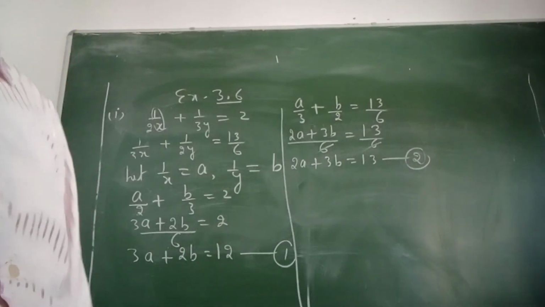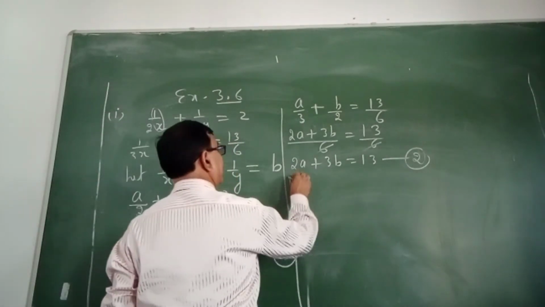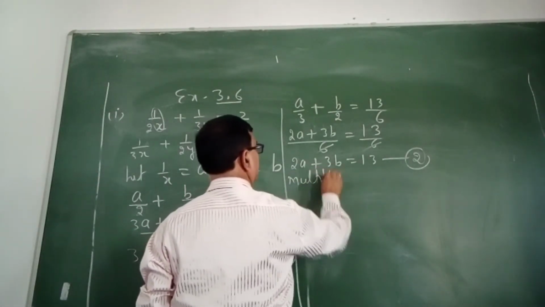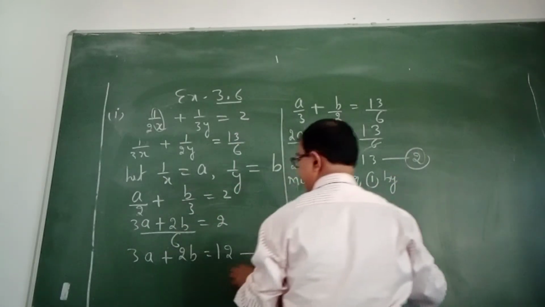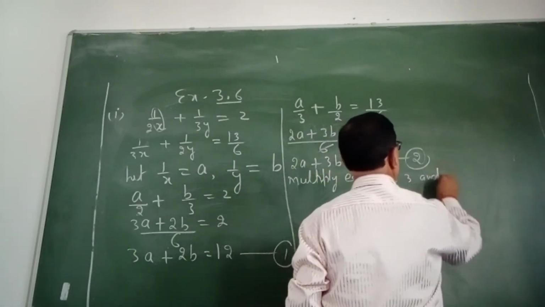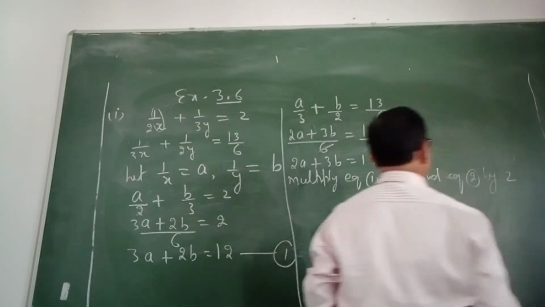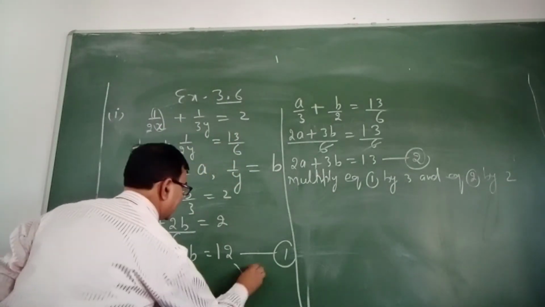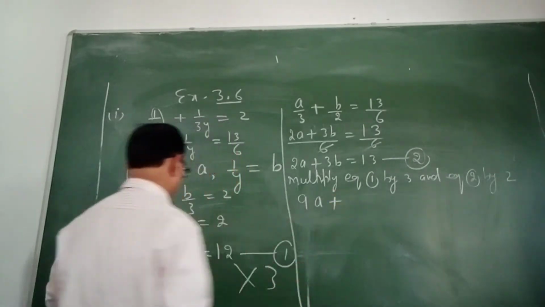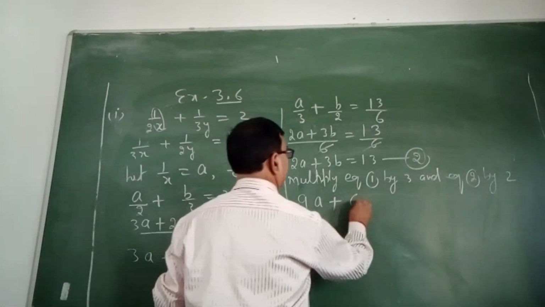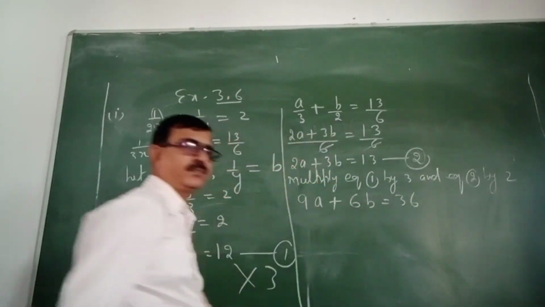Now I am solving by the elimination method. Multiply equation number 1 by 3 and equation number 2 by 2. So this equation multiplied by 3: 3 3s are 9a plus 3 2s are 6b is equal to 12 3s are 36.